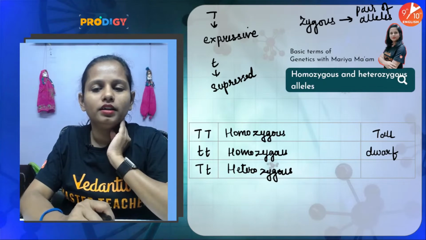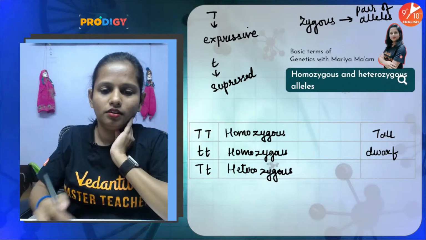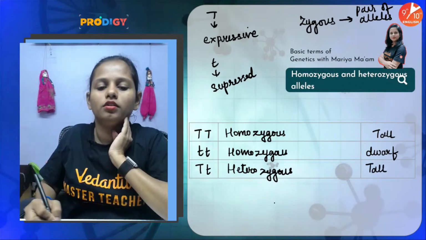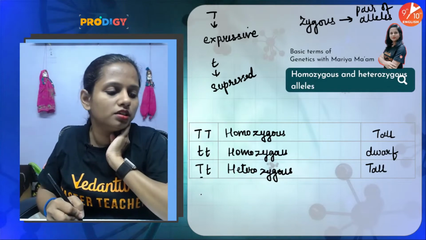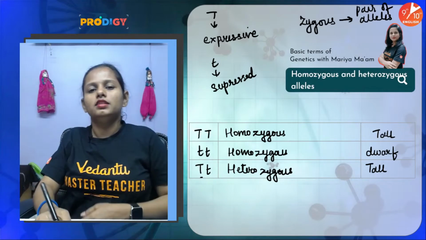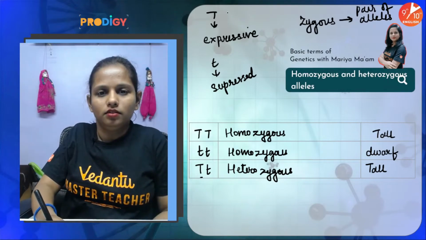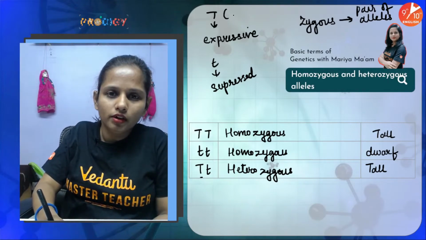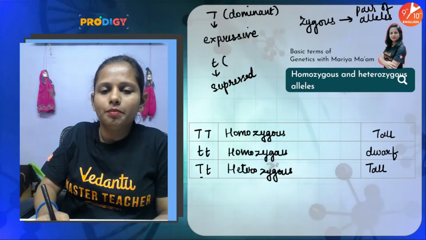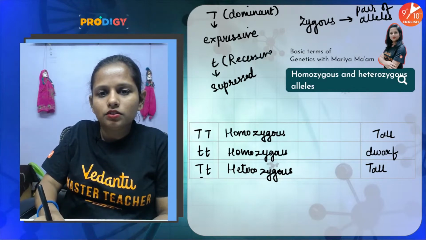And that's the reason why when the alleles are present in heterozygous condition, the height of an individual is definitely going to be tall, because capital T will express itself and small t will not be able to. And that's the reason why this capital T, or this allele in a gene, is what we call dominant, and the other one which gets suppressed or masked in the presence of others is what we call recessive.